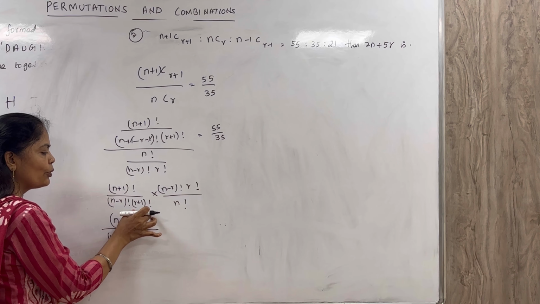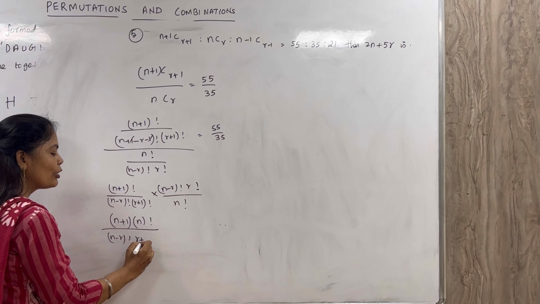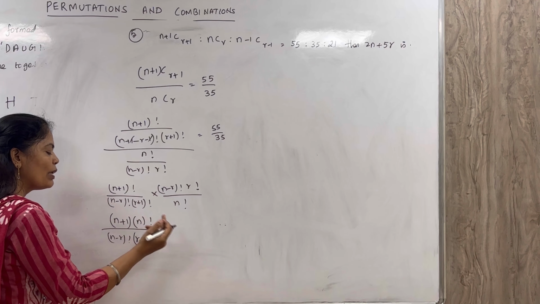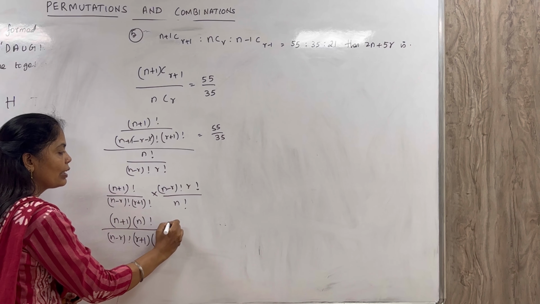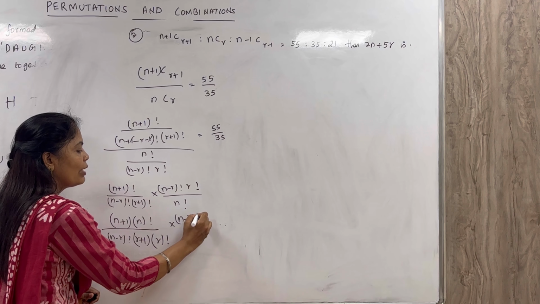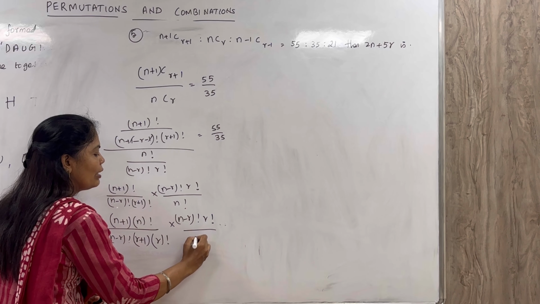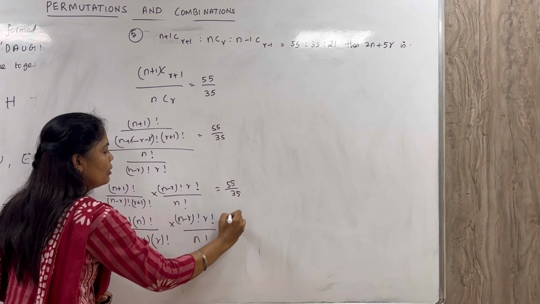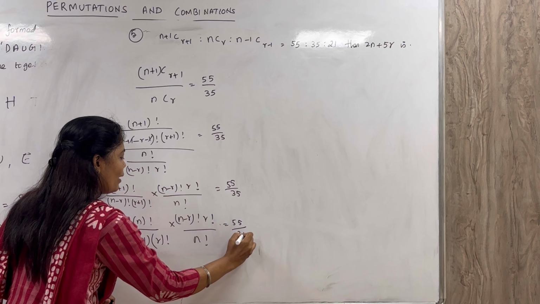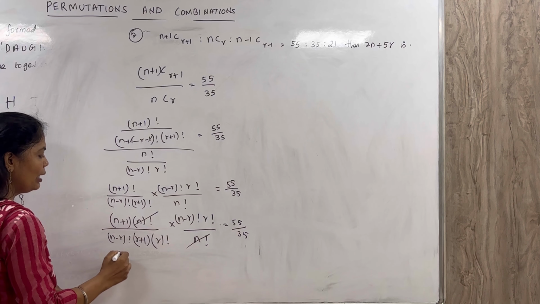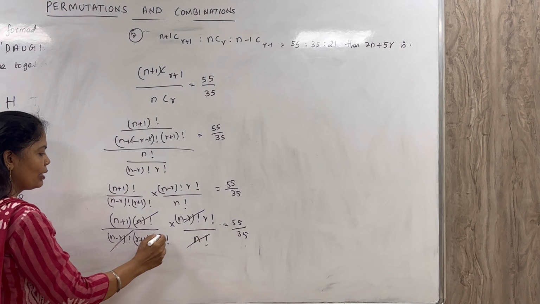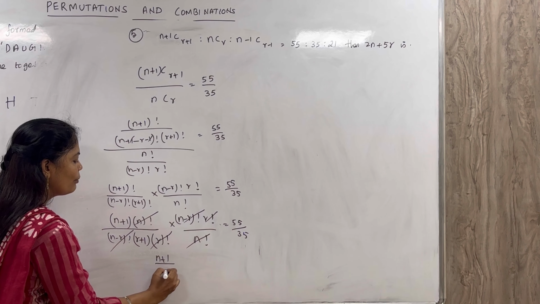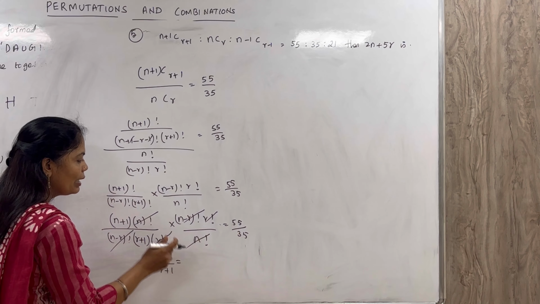Then we have (n-r) factorial into r factorial divided by n factorial, equal to 55 by 35. Now you can cancel n factorial, (n-r) factorial, and r factorial. So we have only the term (n+1) divided by (r+1) equal to 55 by 35.